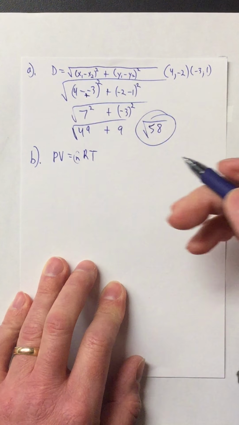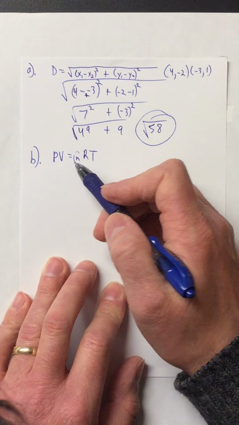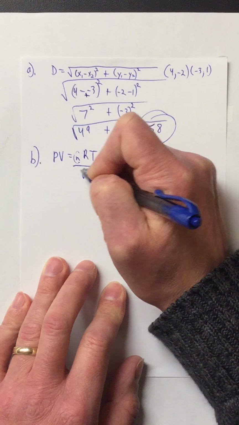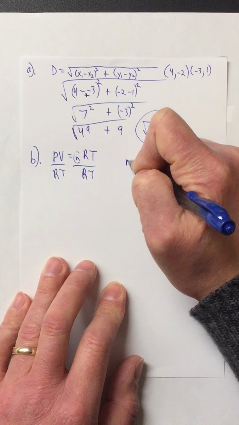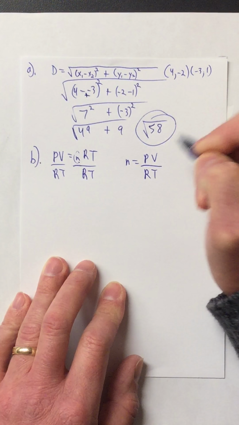Actually, it's got to stay on the top. So I'm going to leave that right there and divide both sides by RT to be able to get my equation. So n is equal to PV divided by RT.